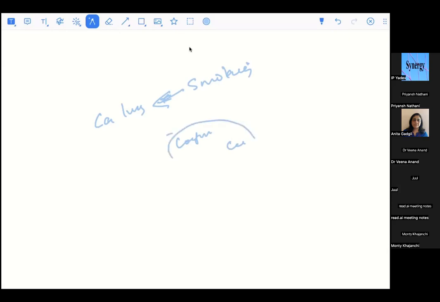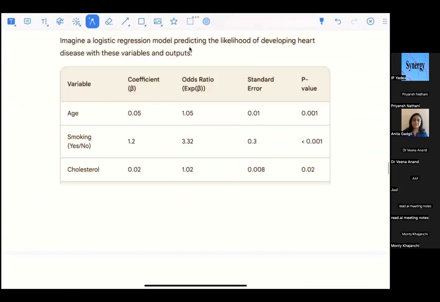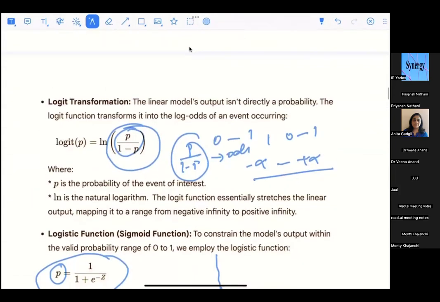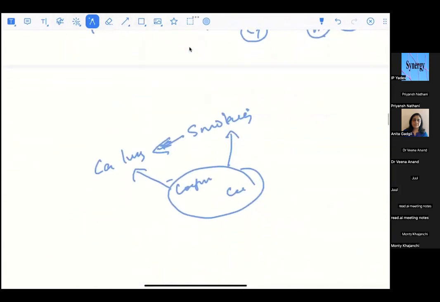We need to take these into account, because this may be associated with smoking and this may be associated with carcinoma lung, and these variables are not in the pathway between smoking and lung. So these are the confounders.